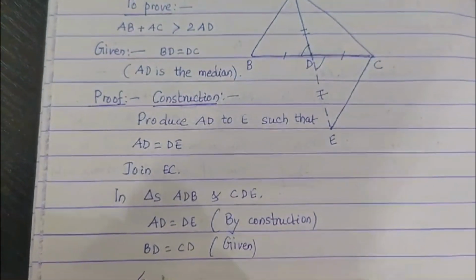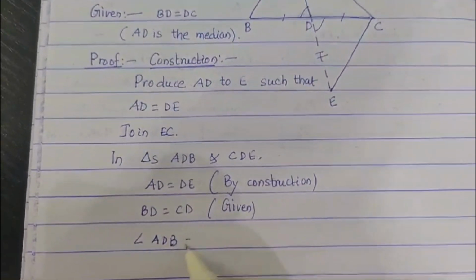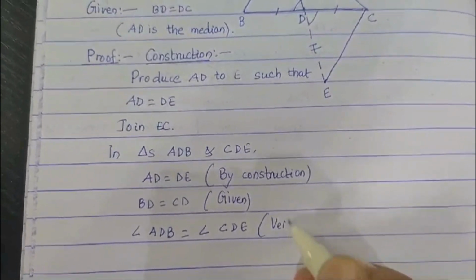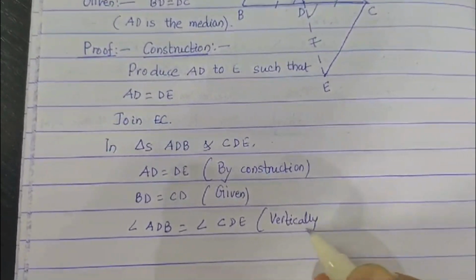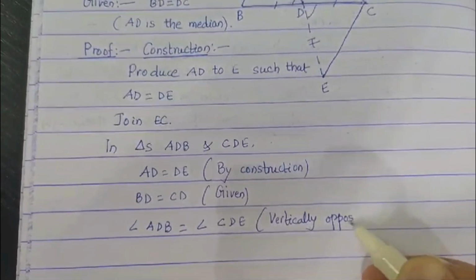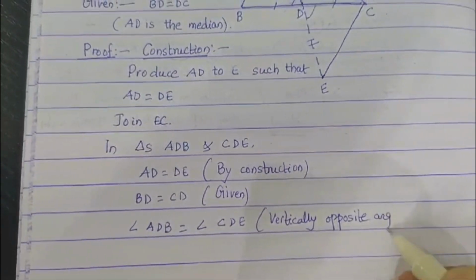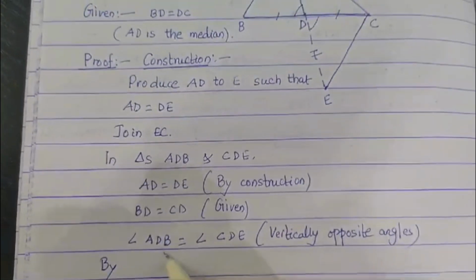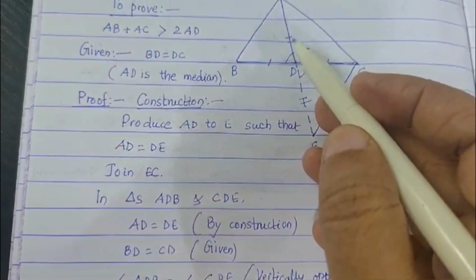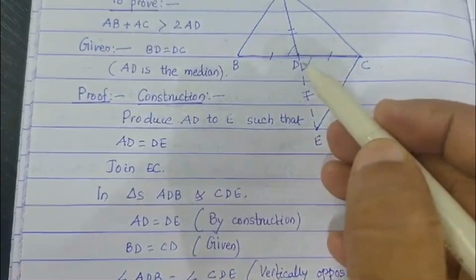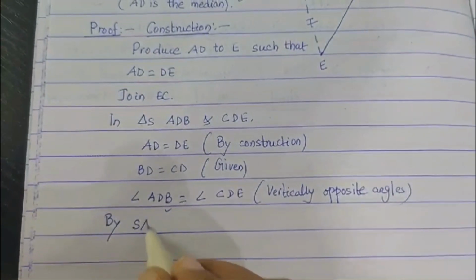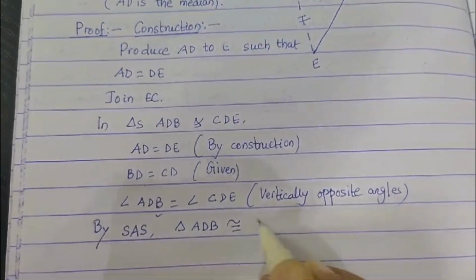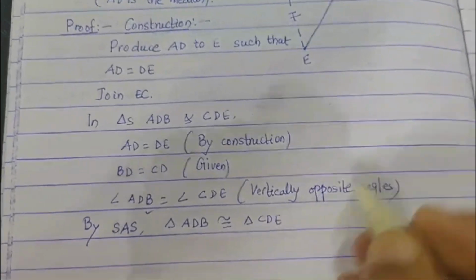So angle ADB is equal to angle CDE, vertically opposite angles. So by SAS, triangle ADB is congruent to triangle CDE.